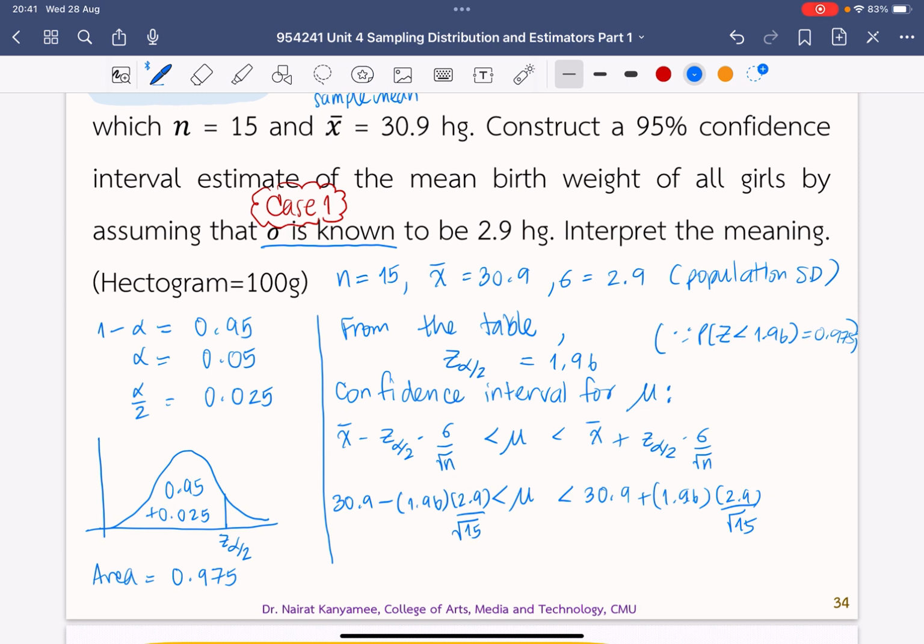If you calculate this value, it is 1.4676.